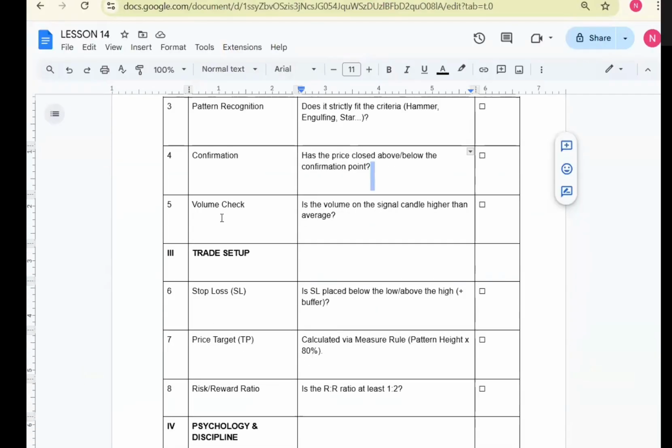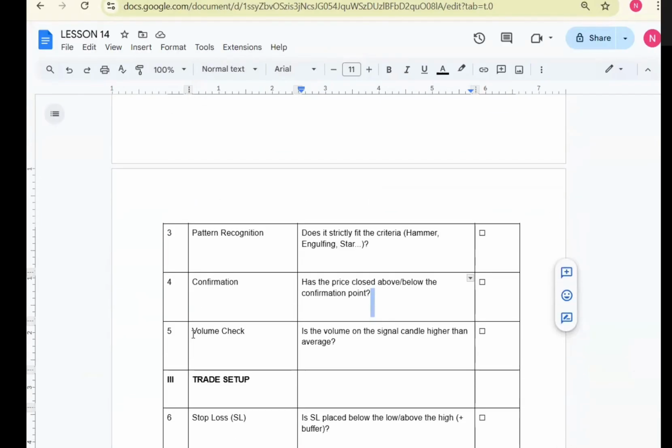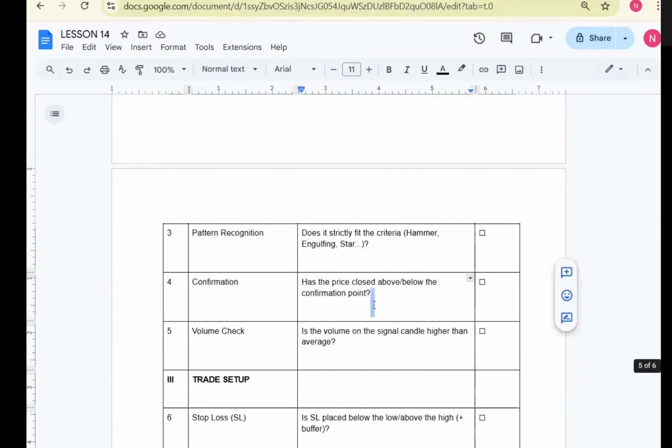And if you want to increase the accuracy of this signal identification, you need to check the volume as well. For me, I do not prefer to check the volume yet because the price action tells you everything about the market story. But if you want to increase your winning rate, volume check is one of the most important things to concern when you do signal identification.